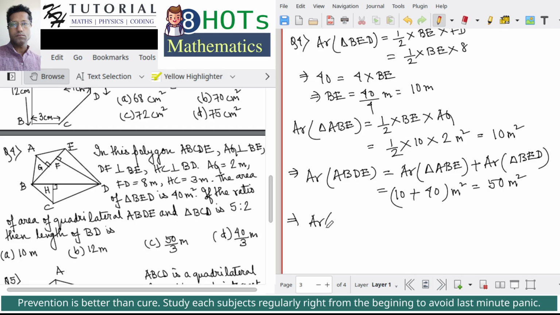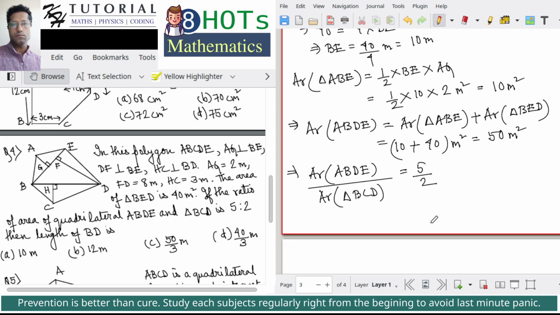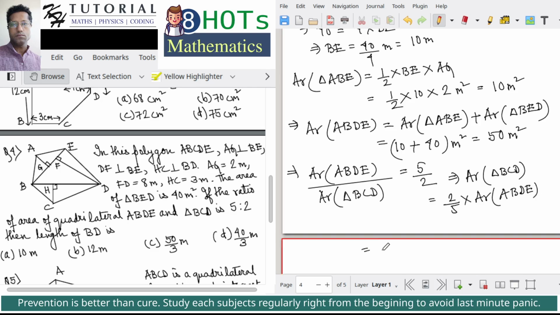The ratio of area of ABDE to triangle BCD is 5/2. So the area of triangle BCD will be equal to 2/5 multiplied by the area of quadrilateral ABDE, which is 50 meter square.